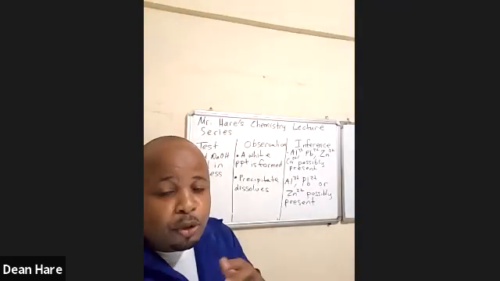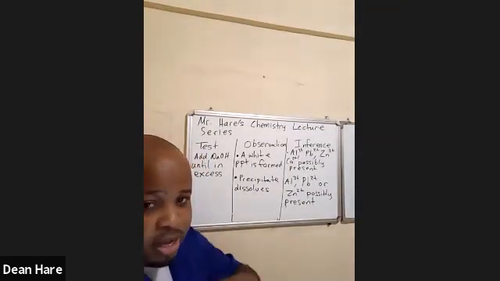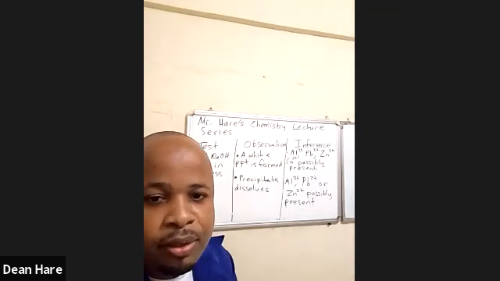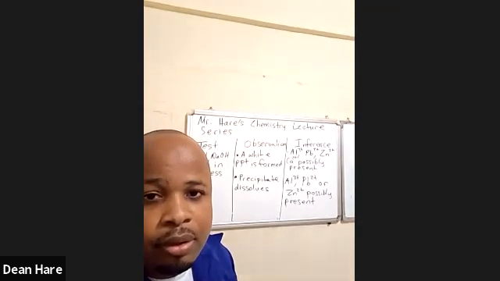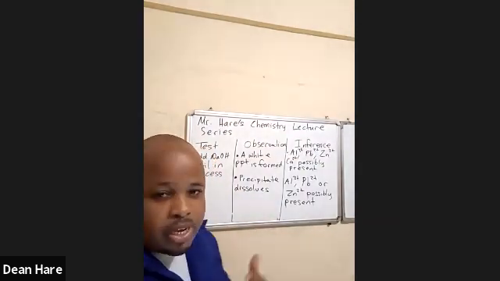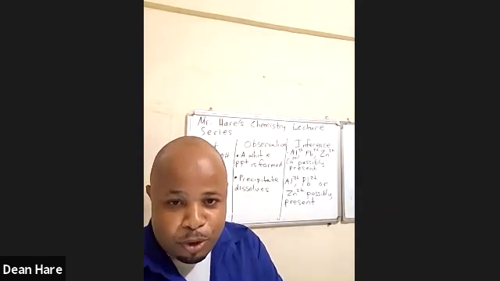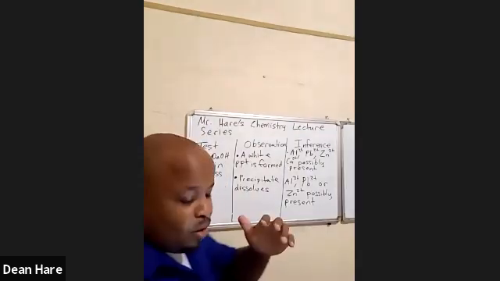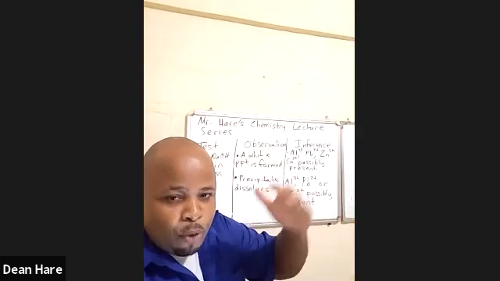Sir, for the observation that said the white precipitate formed, could magnesium go there as well for the inference? It could, because if it's insoluble in excess, magnesium could work. But remember, you're working in a sequence.